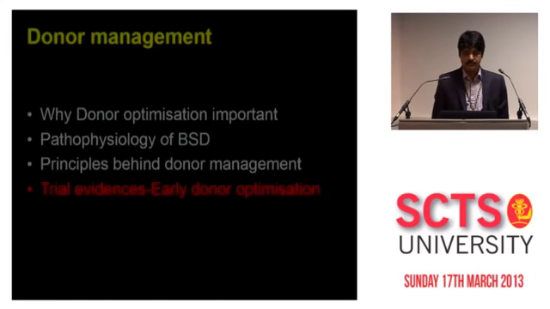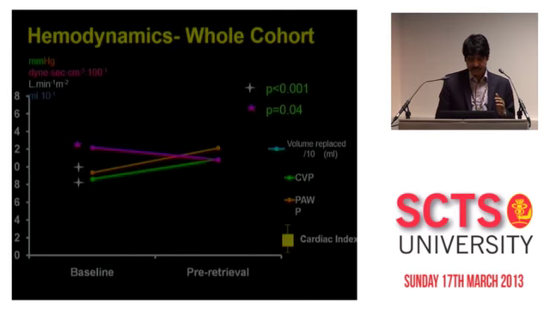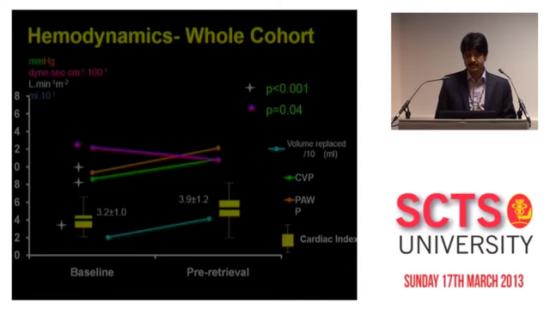Now, do we have any evidence to say that when you optimize a donor, it is beneficial? I did a prospective study, which I finished in 2006, which showed that 6 to 8 hours of donor management prior to retrieval can make sure that we can wean the inotrope, the systemic vascular resistance can be significantly reduced, we can optimize the fluid balance, and we can increase the cardiac index.